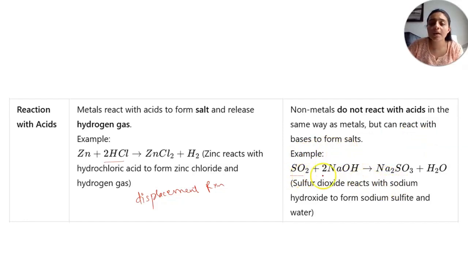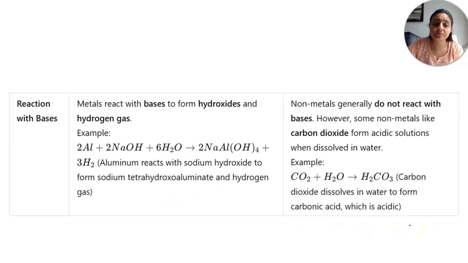So usually non-metals react with the base and they form salt and water. We have also learned this type of reaction, that is neutralization reaction, when the product is salt and water.